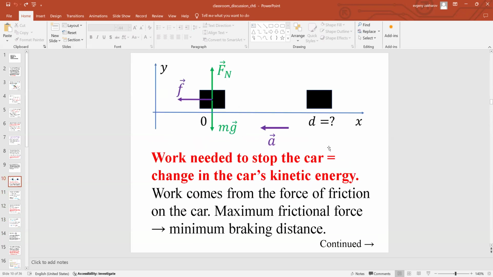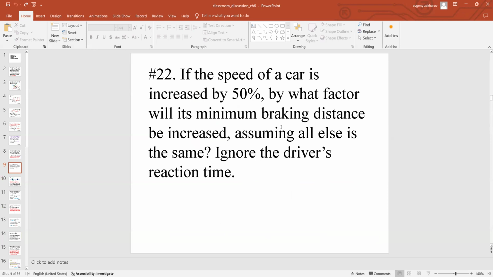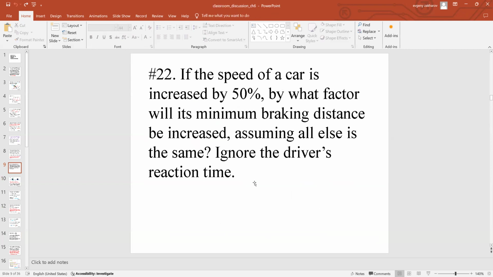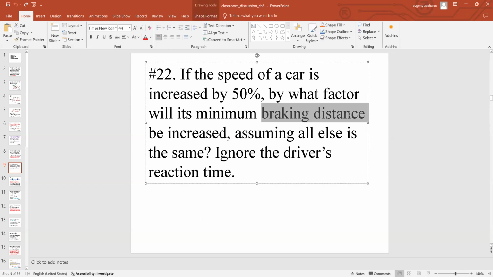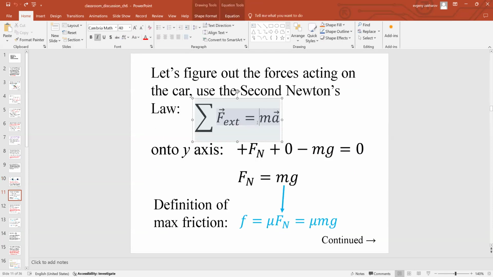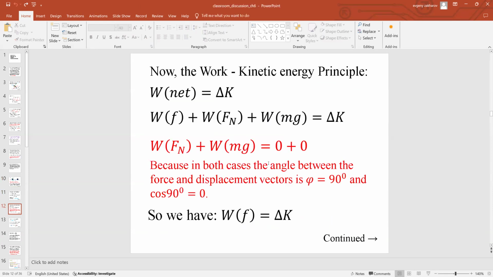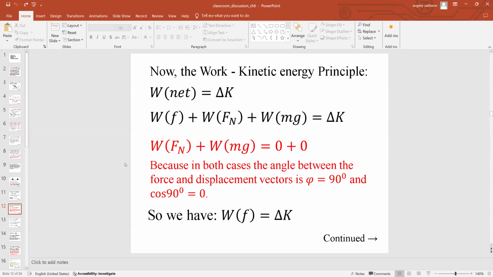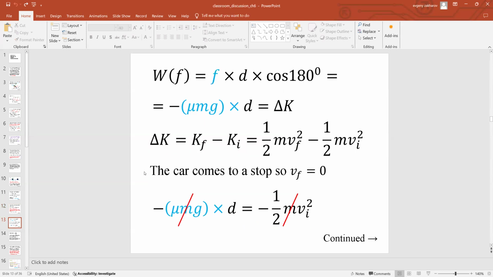It's good how, like I said, nothing's given, only the increase of 50%, but then you can still do quite an analysis about the braking distance just by using basic dynamics and the change in kinetic energy work done principle for your benefit.